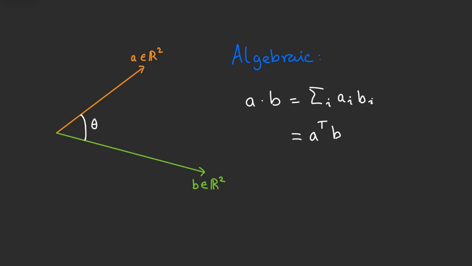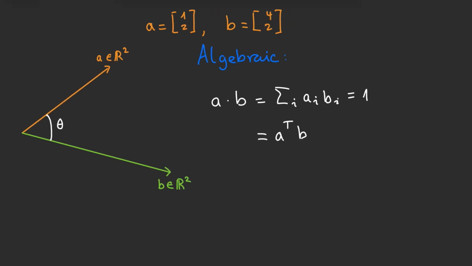So implicitly, this calculation tells us something about the angle between the two vectors. It incorporates this information. Let me show a quick example. So say our vector A is the vector 1, 2, and B is the vector 4, 2. So applying this above formula here, we would multiply the first entries and add them to the product of the second entries.